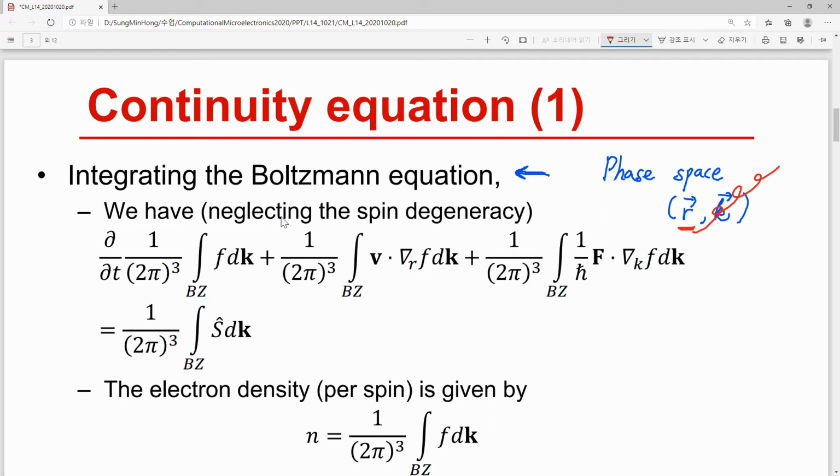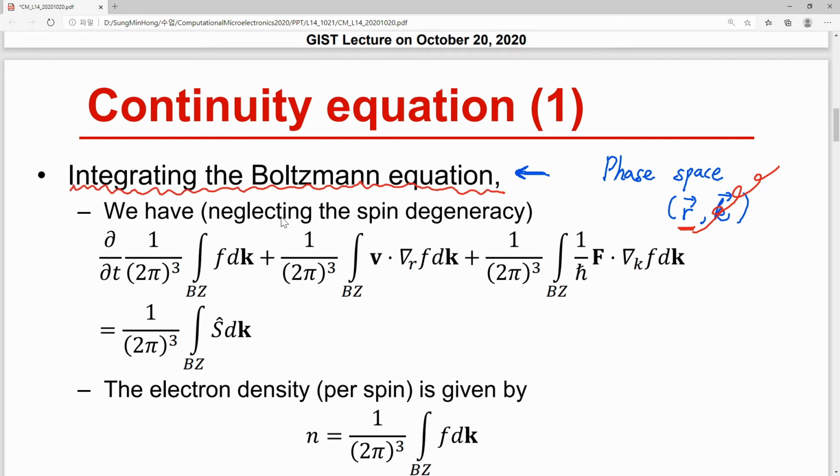How can you do that? We integrate the Boltzmann equation over the momentum space. When we take the integration, the information on the momentum space is merged into one single scalar value, and that scalar value will be used to describe the quantity, average or behavior inside the momentum space. Okay, so now let's do it.